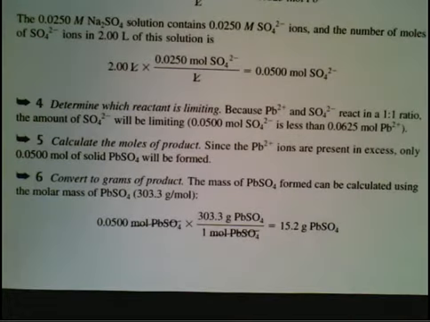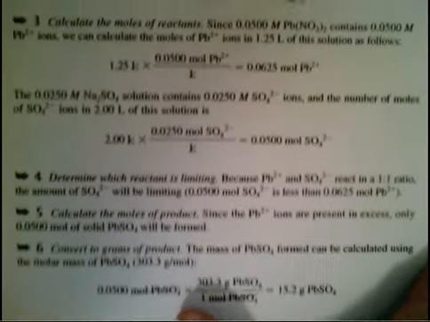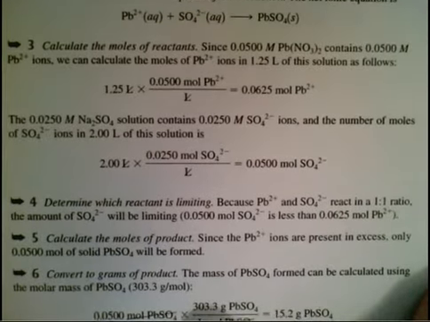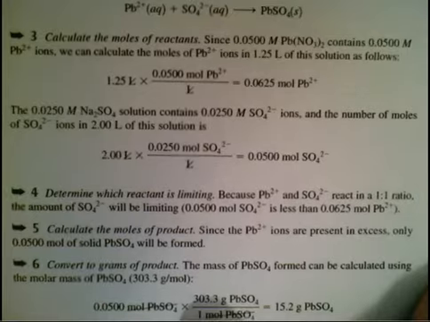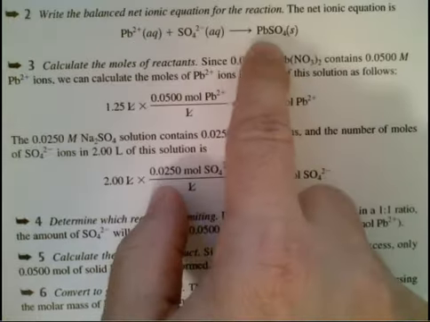Moving on to step 4, determine which reactant is limiting. We've just calculated the moles of lead plus 2 and sulfate minus 2 that are available to react. But which one is going to limit how much of the product can be made? According to step 2, the product here is lead sulfate.